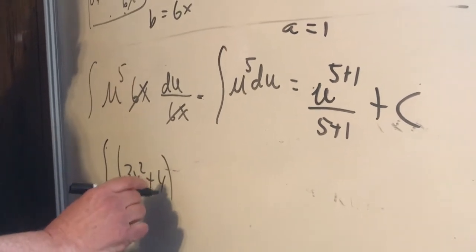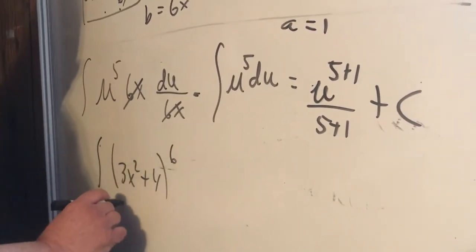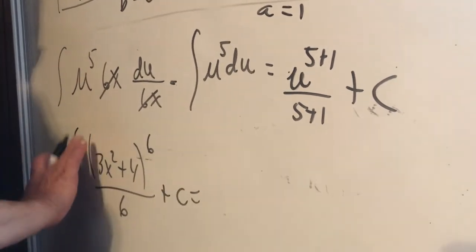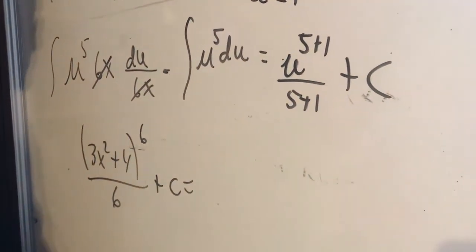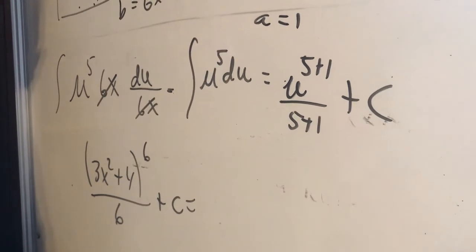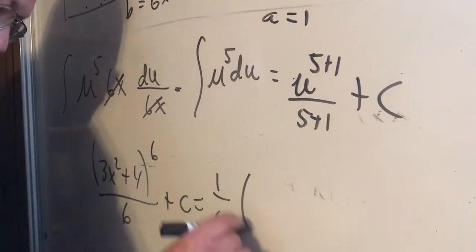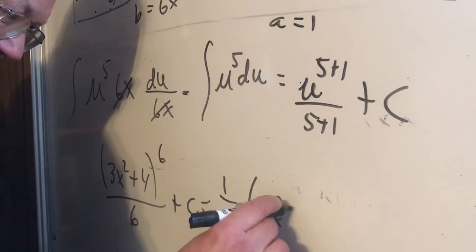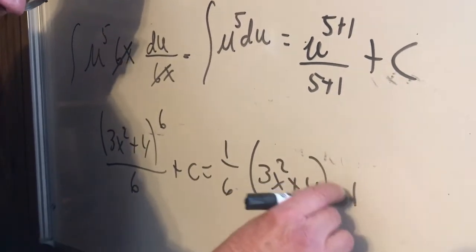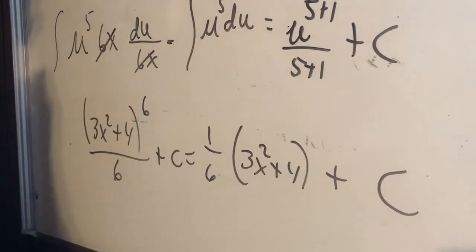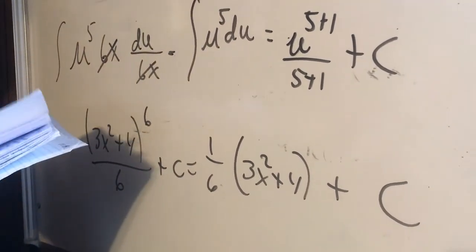And that's going to be 6 over 6 plus c. The integration sign is gone now. Okay, and this is going to be 1/6 (3x squared plus 4) to the sixth plus c. We always need a constant, which we're not going to know at this particular point in time.